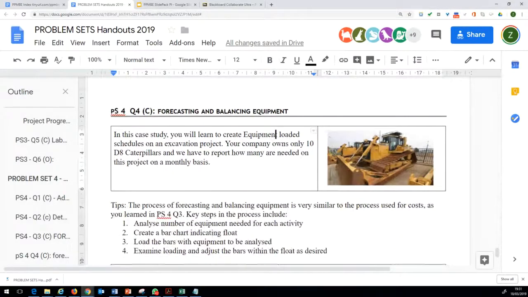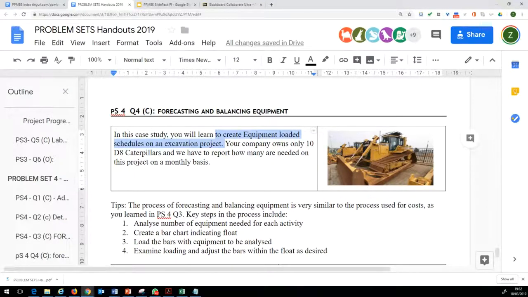In this problem, we will learn how we can use the same concepts to manage our resources. The problem given here is that you will learn to create equipment loaded schedules on an excavation project. So using the same case study, the company has only 10 D8 caterpillars, and we have to report how many are needed on this project on a monthly basis.